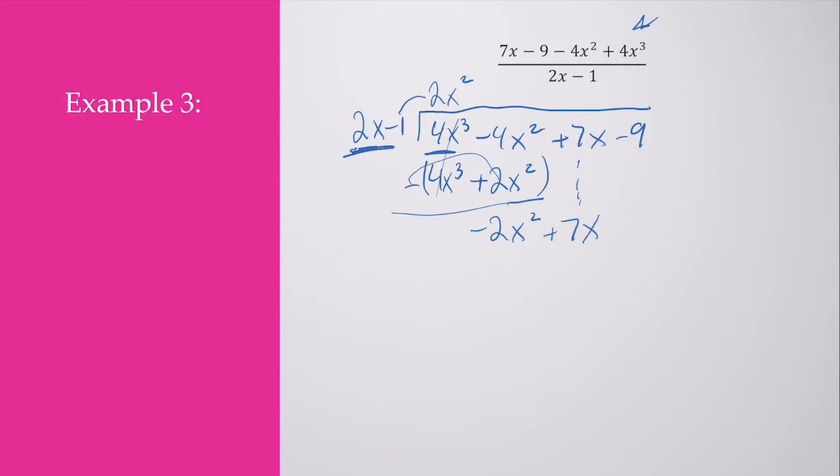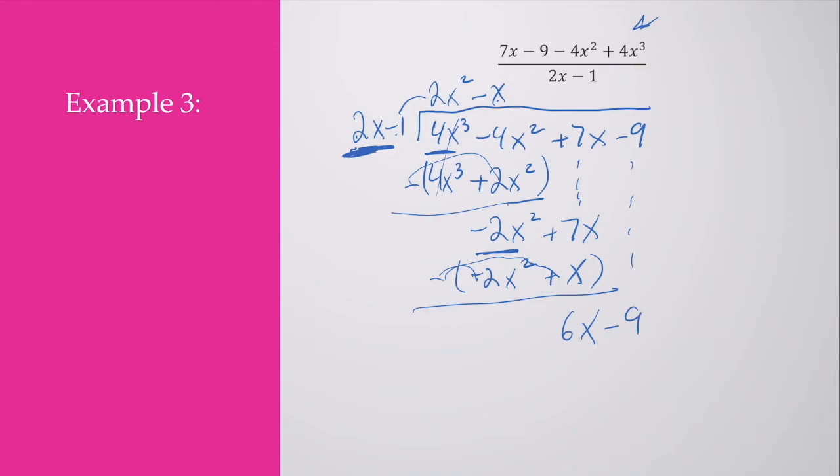Okay, what do I multiply 2x by to make it look like negative 2x squared? The answer is going to be a negative x. Negative x times 2x is a negative 2x squared. Negative x times negative 1 is a positive x. When I subtract, my first terms cancel, right, because I get a positive 2x.